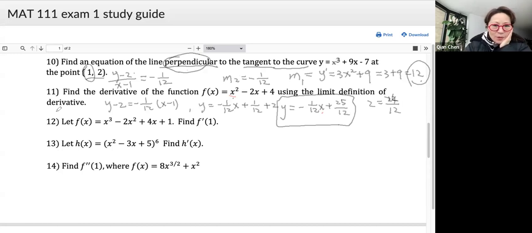Okay, let's keep moving to 11. Now again, we're asked to use a limit function. Let me try to write it.